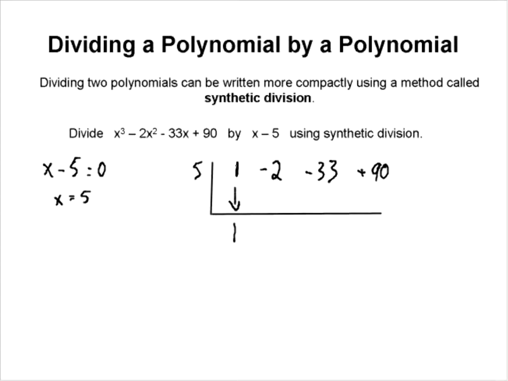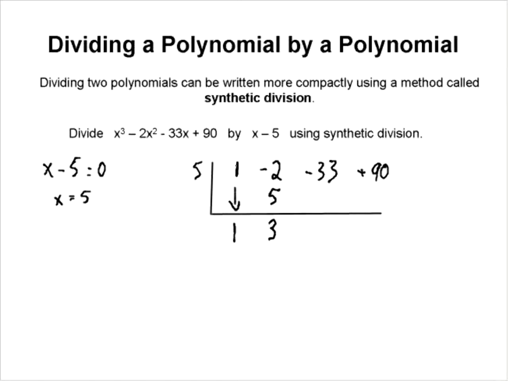What we do to start is we bring down this 1. Whatever that first number is, we always bring that down. Now we multiply this value by whatever the value is out here. So we multiply 1 by 5. 1 times 5 is 5, and that number gets written under the next coefficient. Now we multiply and add. -2 plus 5 is 3.